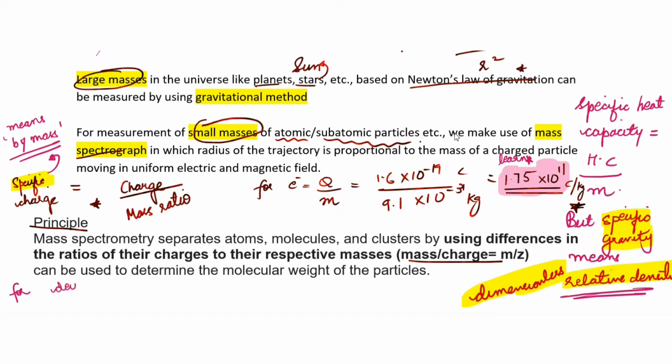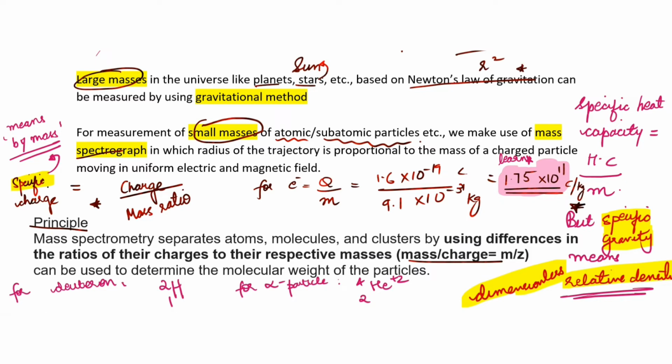Now let's take deuteron. What is deuteron? It is H2 1, that is, an isotope of hydrogen which has mass of 2 AMU and its atomic number is 1. And alpha particle is nothing but helium nuclei. So it has a mass 4 and its atomic number is 2.